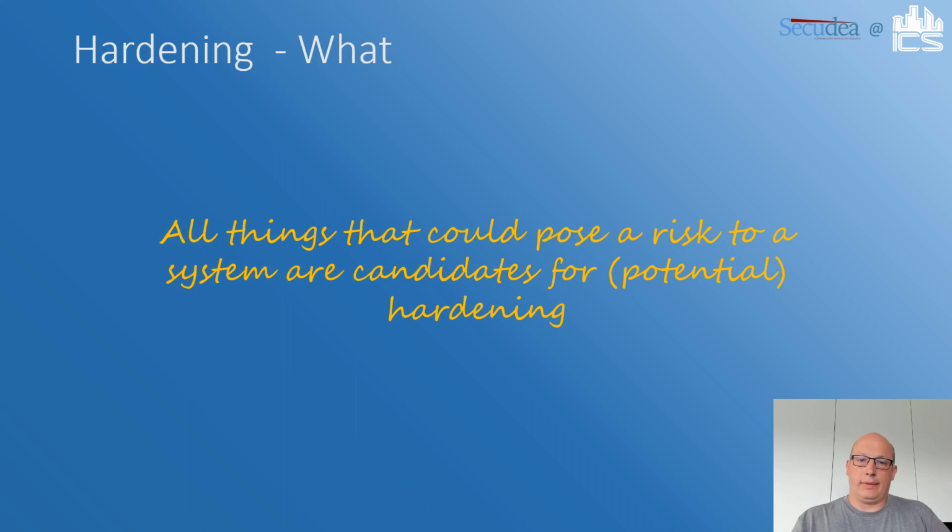So what things would you harden? You have identified that you want to do hardening. You have identified the systems that you want to harden, when you will do the hardening, and why you will do the hardening. But now you also have to define the things that you want to harden. So actually all things that could pose a risk to a system are candidates for potential hardening.